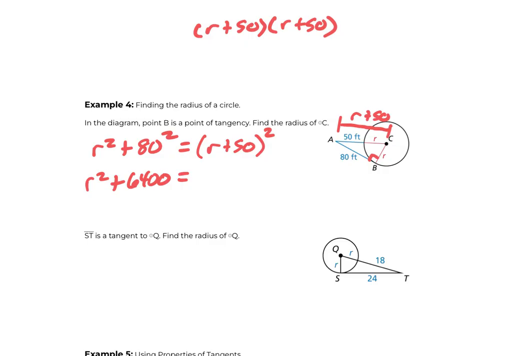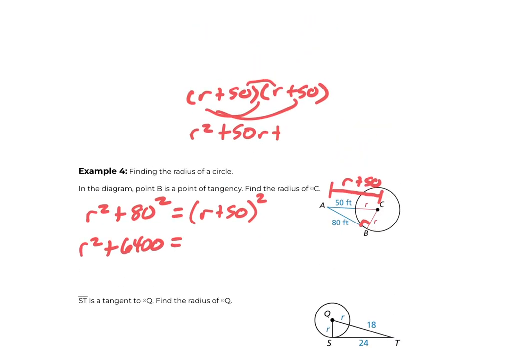The more you do that, maybe you can do it in your head, or maybe you know what the process is and can figure out what the answer is going to be. But not a bad idea to FOIL that if you're not real good at doing that. So this would be r squared plus 50r plus 50r plus 2,500.